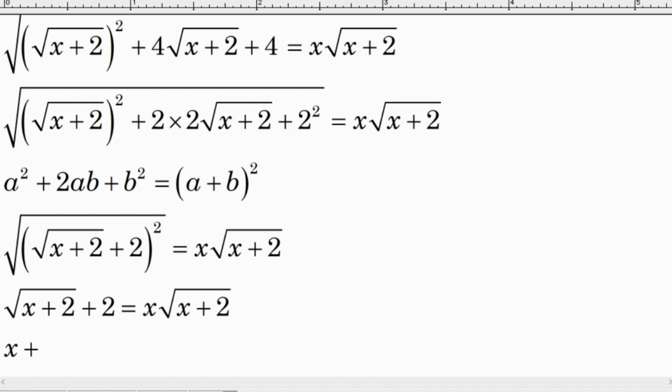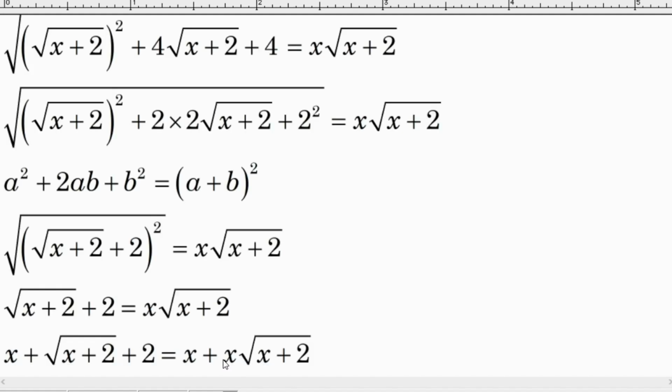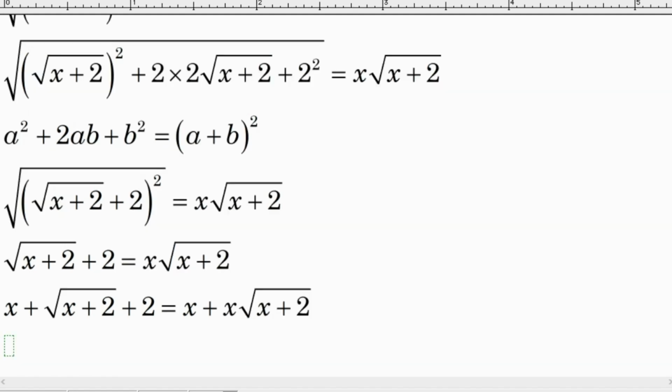The first side becomes x plus square root of x plus 2 plus 2, and the second side also has x added. Then x plus 2 here I could write as (square root of x plus 2) raised to square, so we can simplify the square with the square root and get x plus 2 back.